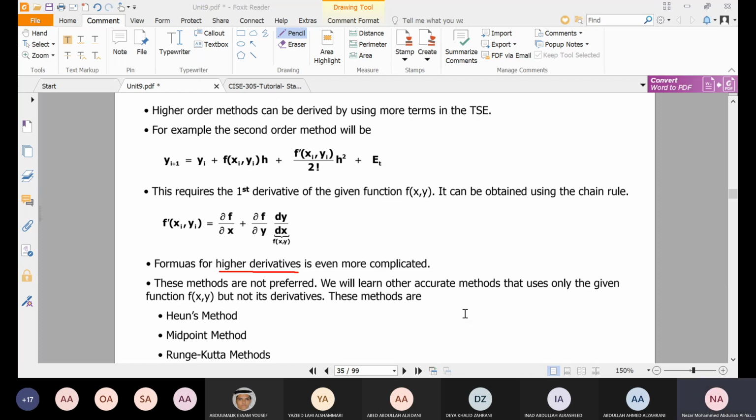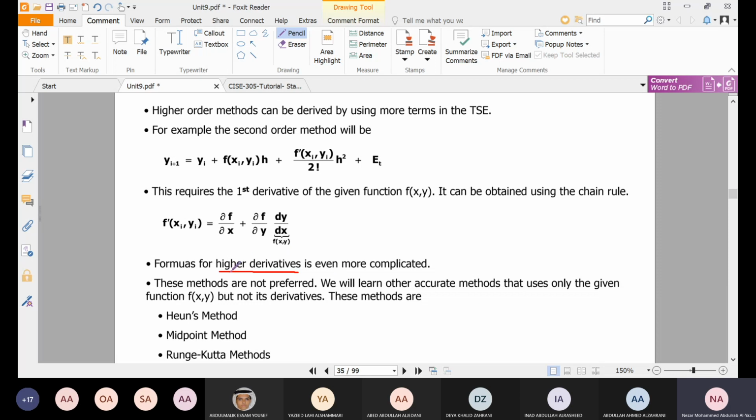Although the higher order Taylor series methods are more accurate than the Euler method, the problem, as we said, is that if you want to compute the second and the third or the higher order derivatives, we need to do this by using an analytical solution, which may not be easy to find.